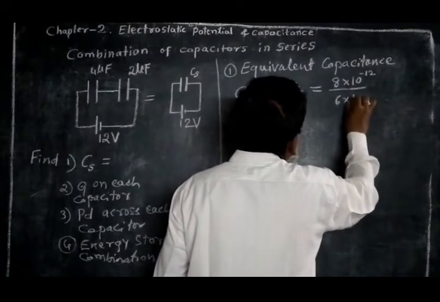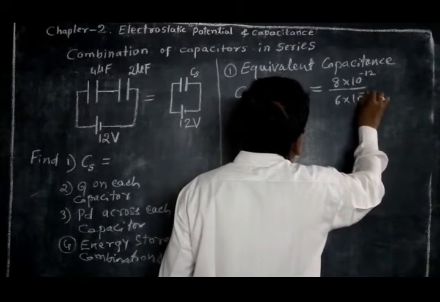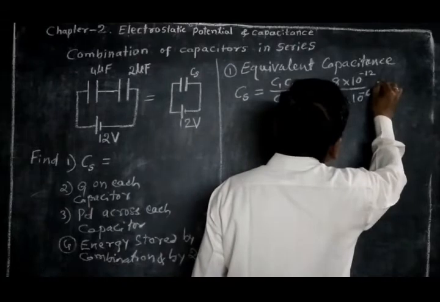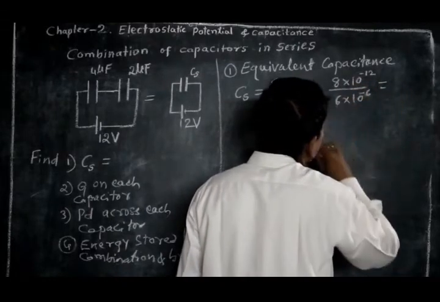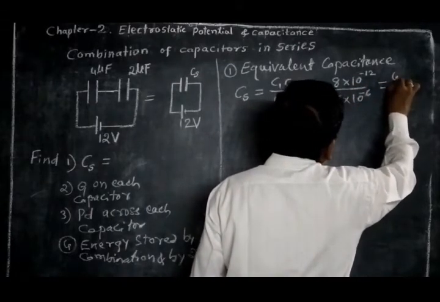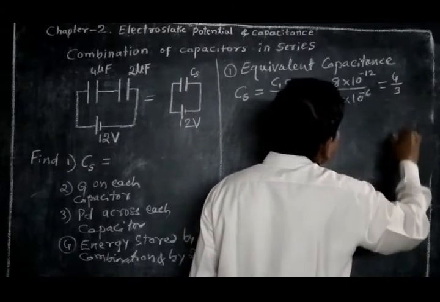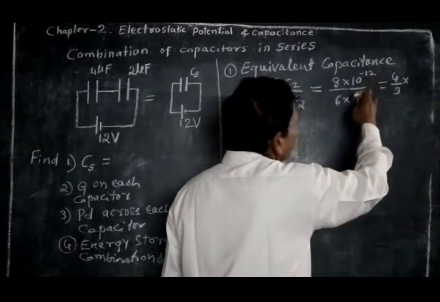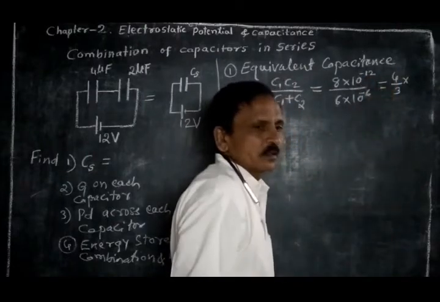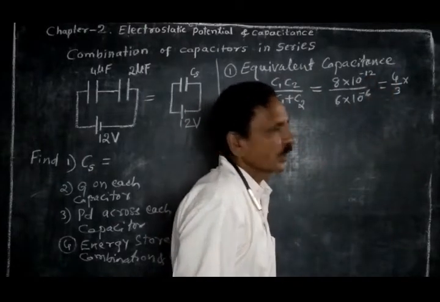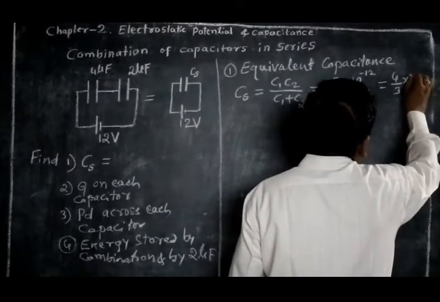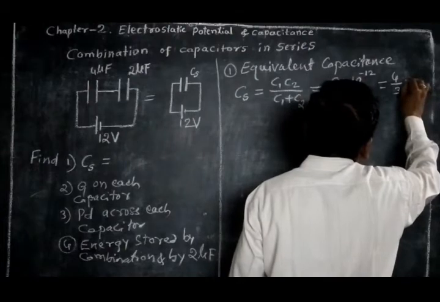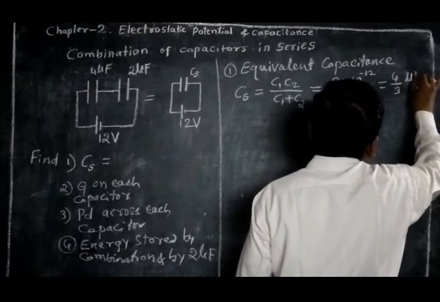And here 10 raised to minus 6 is common. Micro is 10 raised to minus 6, and that is equal to 8 upon 6 equal to 4 upon 3 into 10 raised to minus 12, it is into 10 raised to plus 6, that is equal to 10 raised to minus 6, or 10 raised to minus 6 can be written as microfarad.